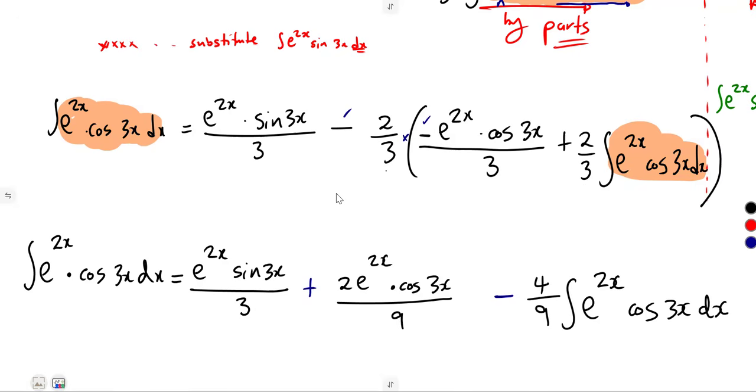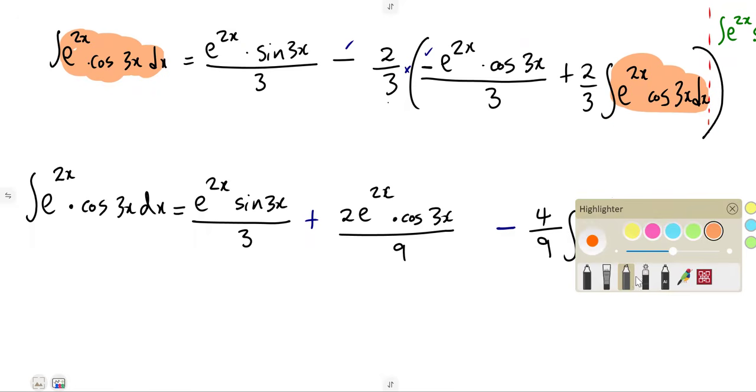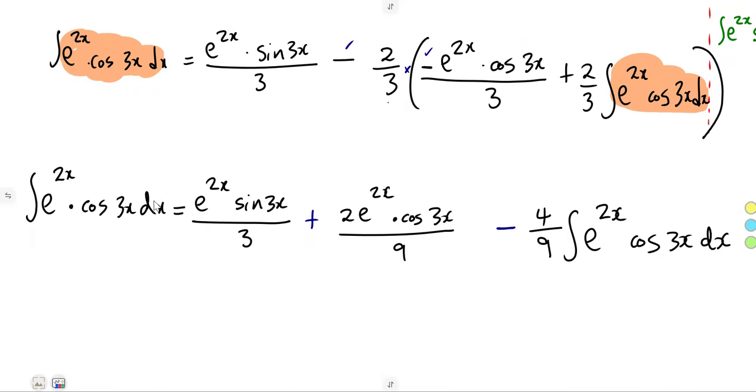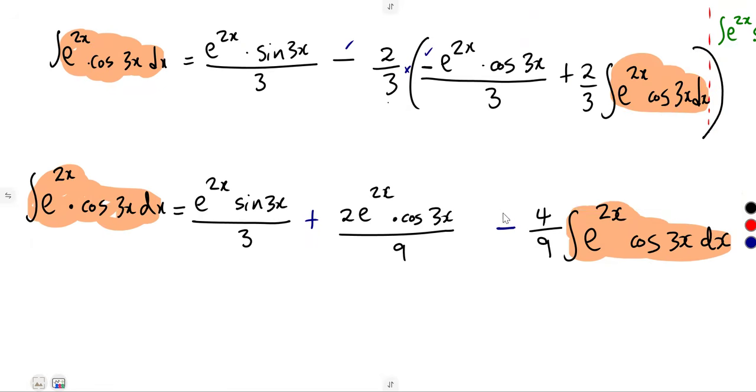From there, we must now collect the like terms, which is that part of our integral that we wanted to separate. We have this integral and we also have that integral here. So let us combine them. Just take this one to the left-hand side, minus 4 over 9 to the other side.